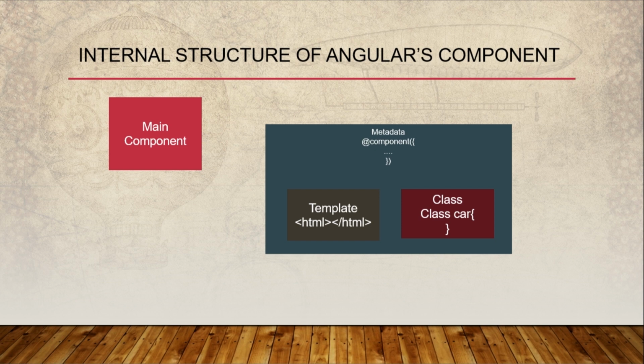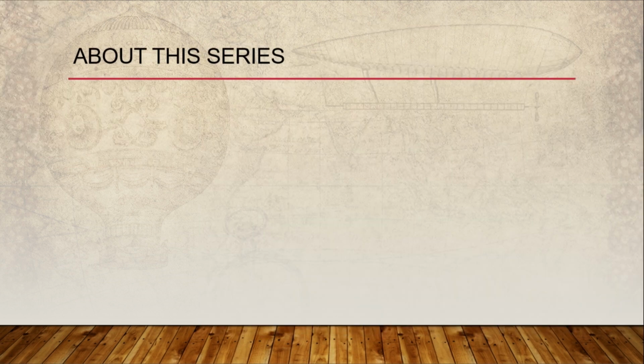The last is the metadata, which tells Angular that the class and template make up a component. So this is an overall view of a component, but we will discuss the component in detail with the help of coding in the future videos.